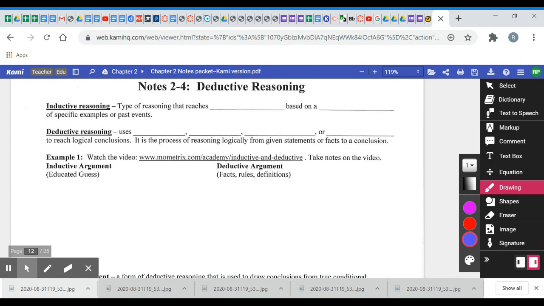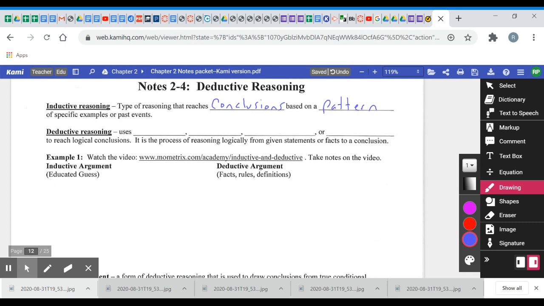We've already talked some about inductive reasoning earlier in the chapter, and inductive reasoning, just to review, is the type of reasoning that reaches conclusions based on a pattern of specific examples or past events.